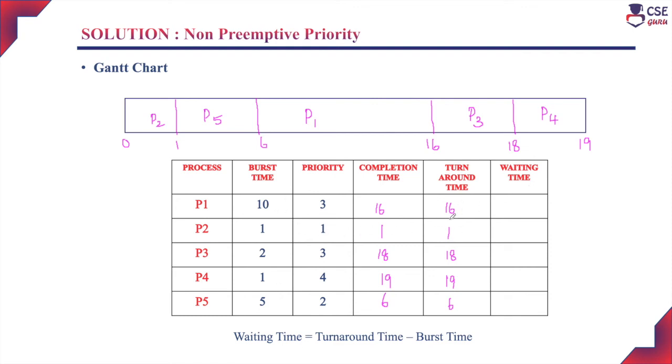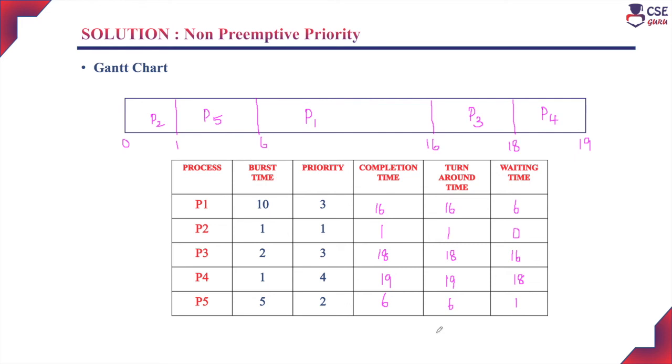Waiting time is nothing but turnaround time minus burst time. For process P1 it is 16 minus 10. Process P2 it is 1 minus 1. Process P3, 18 minus 2. Process P4 it is 19 minus 1. Process P5 it is 6 minus 5. Next we need to find the average turnaround time and the average waiting time.